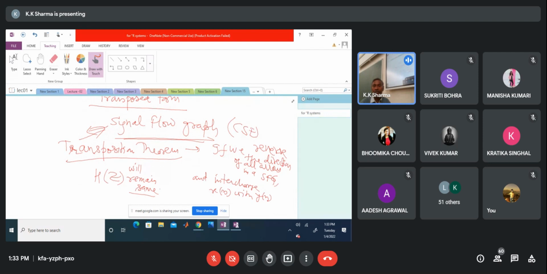What this theorem is saying is that if you interchange the direction of all the arrows in a signal flow graph, not just one, I just said you cannot change one arrow, but all of them, and x(n) is interchanged with y(n), that is allowed, because we changed the arrows and also interchanged input with output. Under these conditions your transfer function, that is Y(z) upon X(z), will remain unchanged. Is that clear?